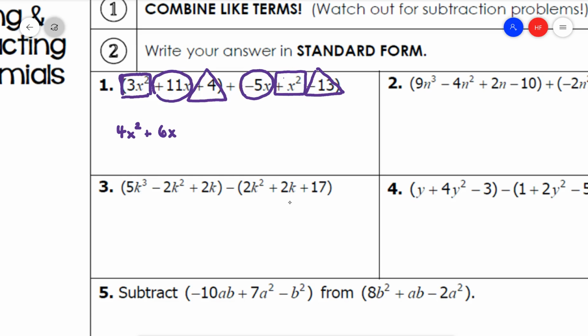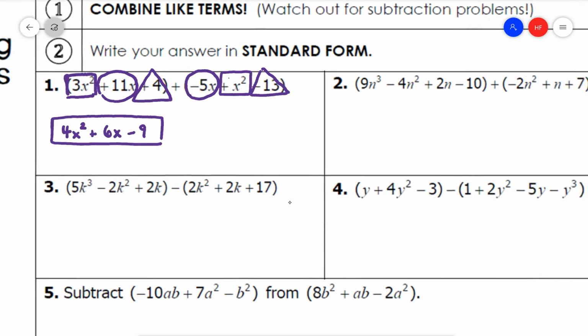And then my constant would be last, so 4 minus 13 gives me negative 9. And I know it's in standard form because I counted down with my degrees. If you needed to check, you would say, well, my highest is 2, the next one is 1, and the next one would be 0, so it is in standard form.